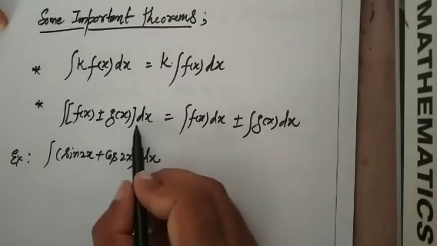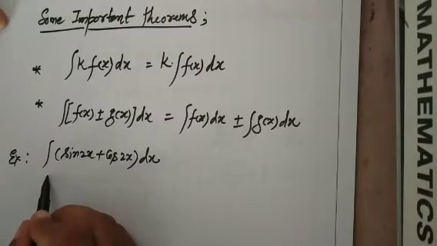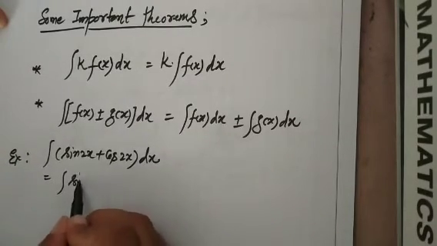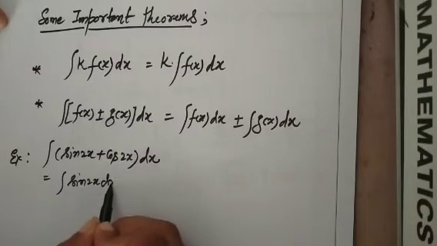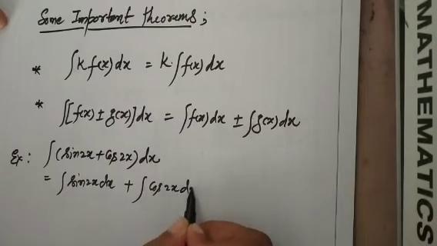First, we are going to use the above theorem to distribute this integral over both of the parts. So when we distribute, we get the integral of sin 2x dx plus the integral of cos 2x dx.